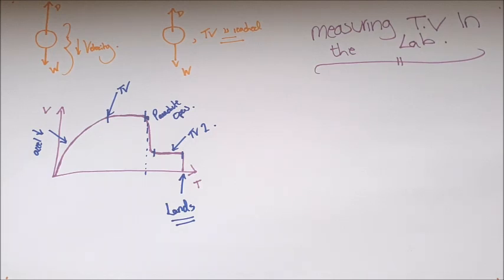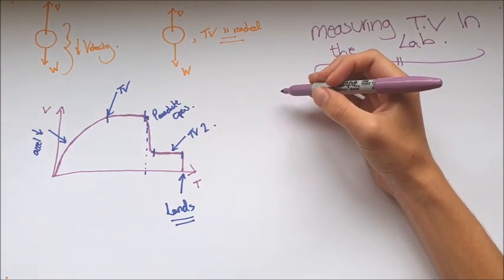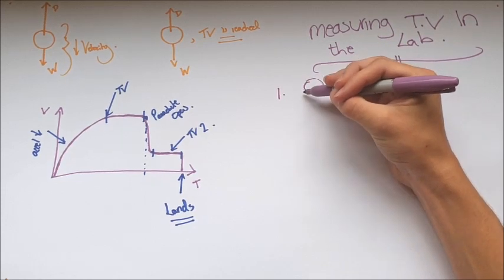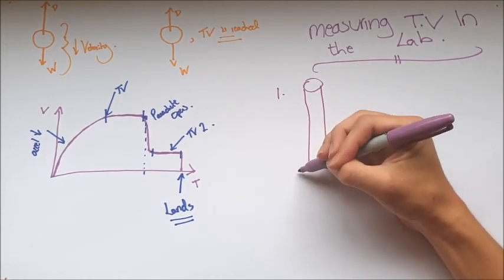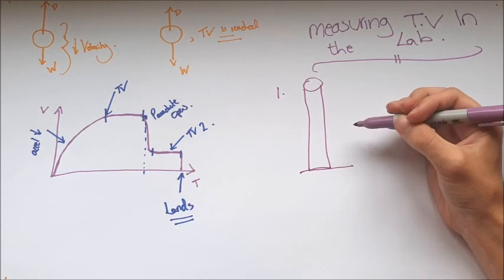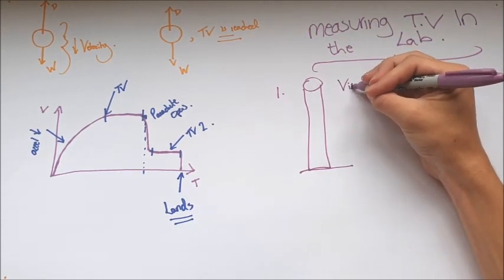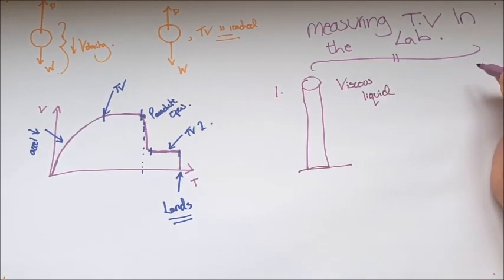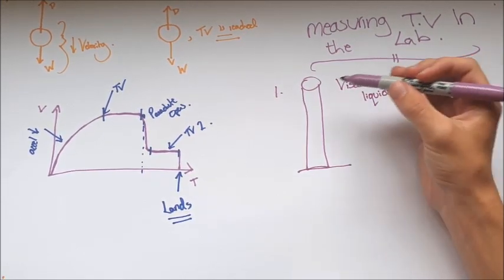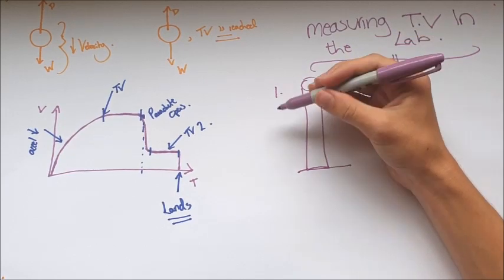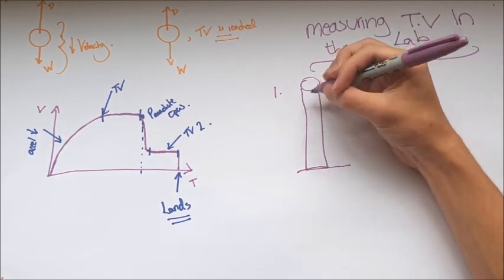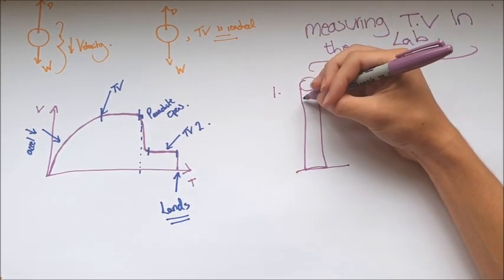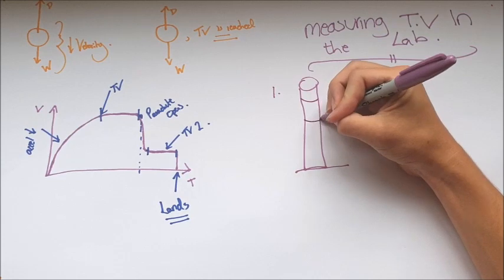There's several ways of doing this, but one way, that I was taught at school, is that you have a large tube such as this, and you fill it up with a viscous liquid such as washing up liquid, something like that. You fill it up, and once it's filled up, you need to mark fixed distances on the tube with perhaps elastic bands or a marker pen or something at fixed distances.